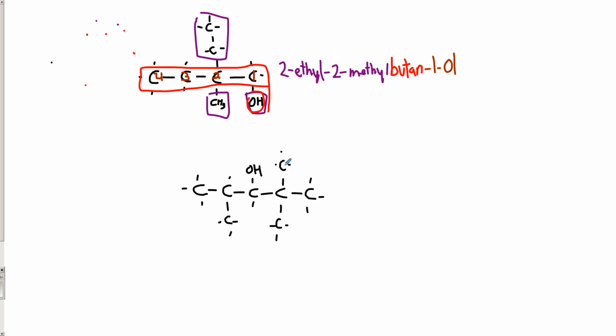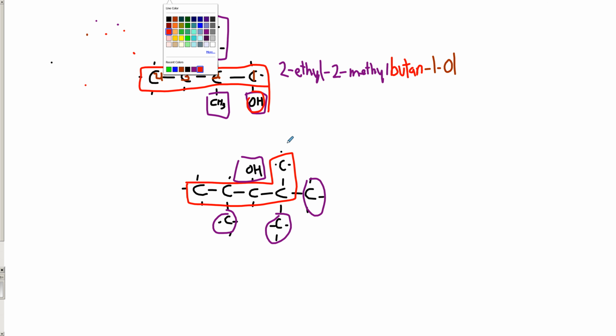Remember, these are going to be interchangeable. 1, 2, 3. We got 3 methyl groups, and then we have our hydroxyl group, our alcohol. So this is 1, 2, 3, 4, 5. It's a pent. Ooh, I'm going to have to move this over. So pentan, it's on carbon number 3. Either way I slice it. So this is pentan-3-ol.